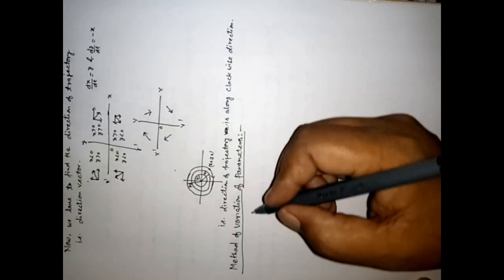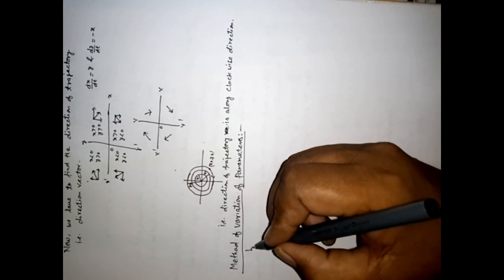Let the linear differential equation of second order be this: d2y by dx2 plus p dy by dx plus q y is equal to r, where p, q, r are functions of x only or perhaps constants.